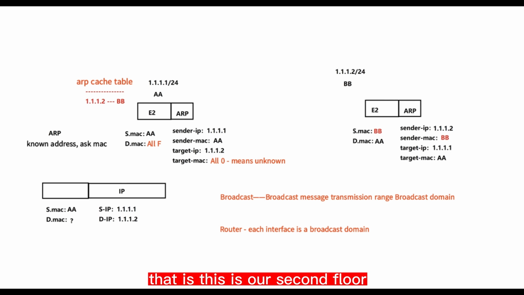That is, this is our second layer, generally Ethernet II, such a packet encapsulation. There will be 4 contents in ARP. The first is called sender IP and sender MAC, that is, for the current data, to mark the MAC address. Further down there is a target IP and target MAC.